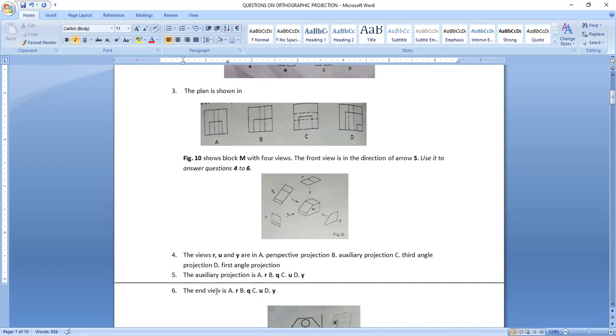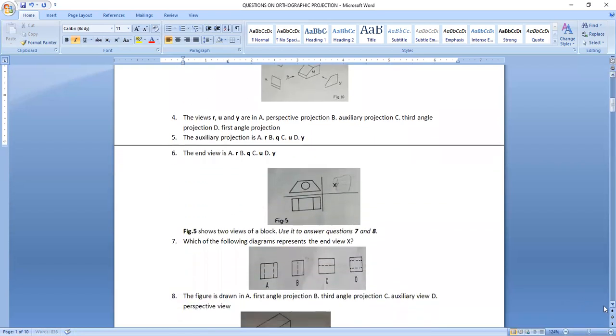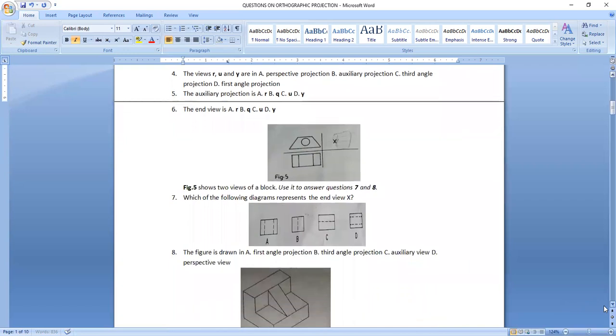That is option B. Then the end view is Y. So this U is the front view, R is the plan, Y is the end view, Q is the auxiliary view. Okay, then we move to questions 7 and 8.